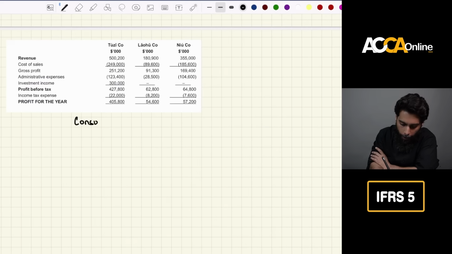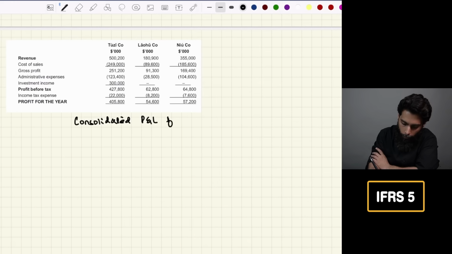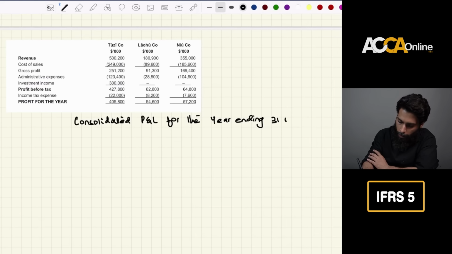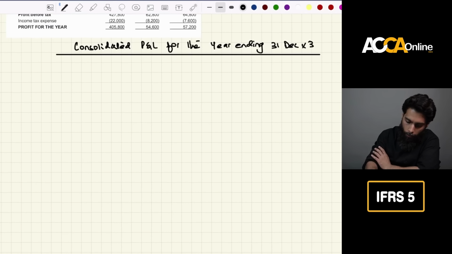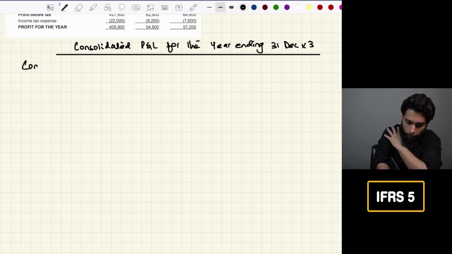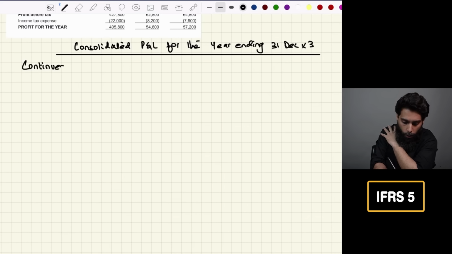First of all, you put up a heading, consolidated P&L for the year ending 31st December 20x3. Then you prepare a heading and write continuing operations.